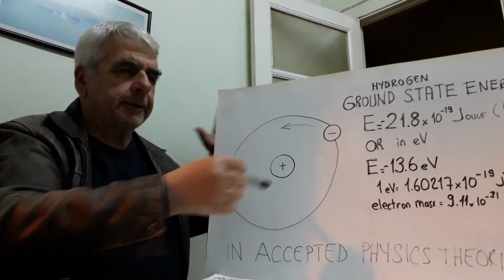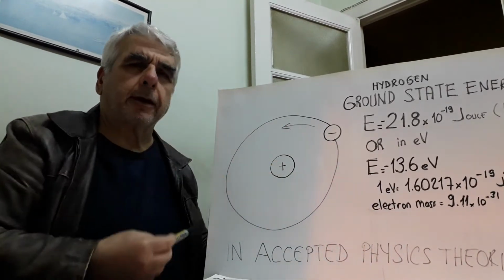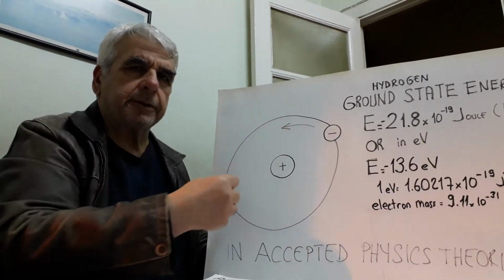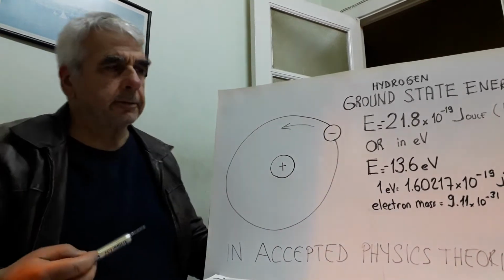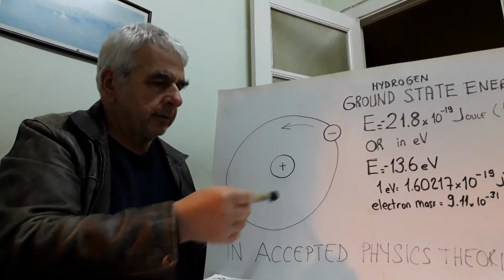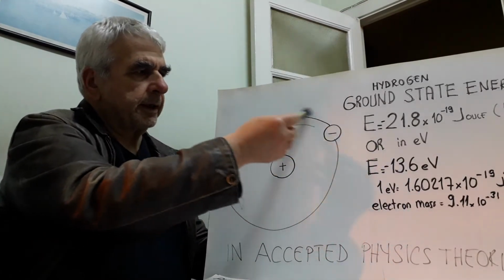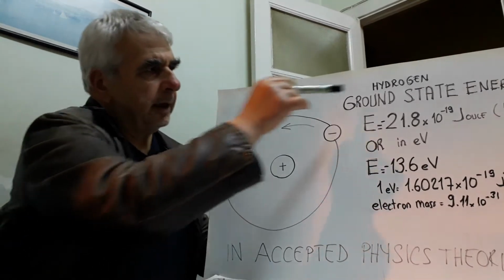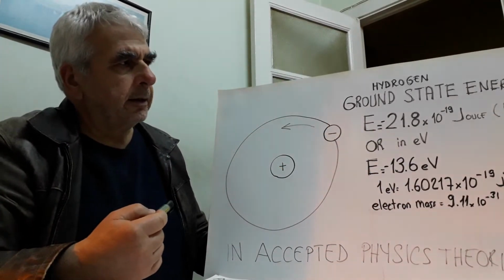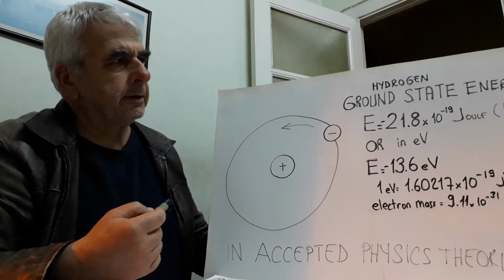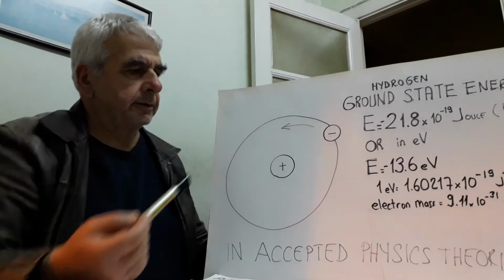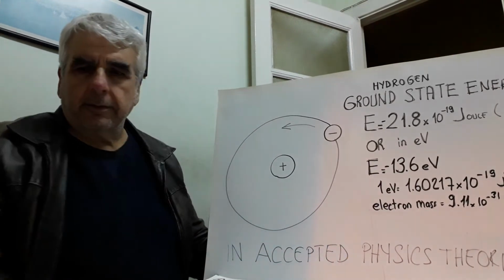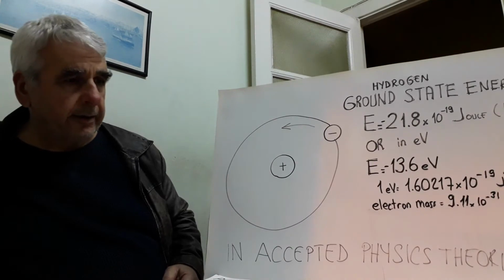Whether it's electron cloud or certain orbit revolving electron, it is now in its ground state energy revolving. Hydrogen's ground state energy of electron in accepted physics theories, what do they say?